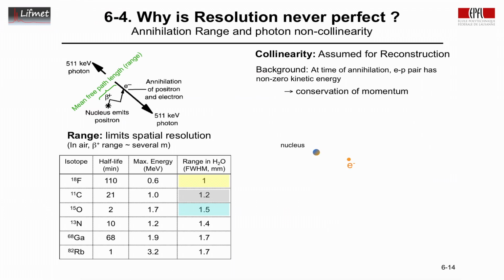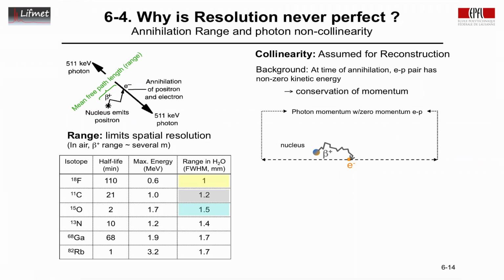We have the positron, it finds the electron, annihilates, and goes up in perfect 180 degrees. This is the situation where the positron and the electron together have zero kinetic energy. In this case, the two photons will be perfectly 180 degrees apart, and we have zero momentum of also the photon pair.